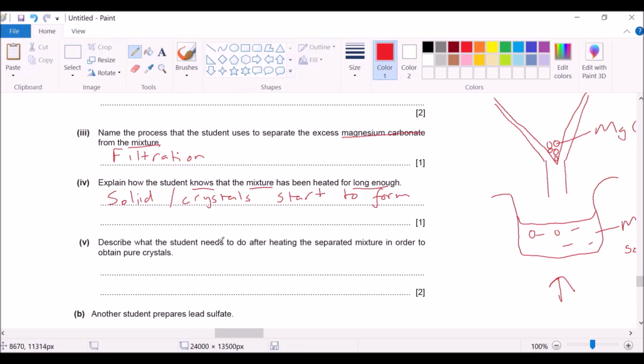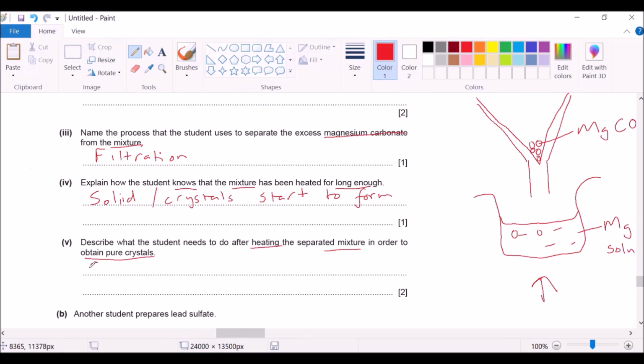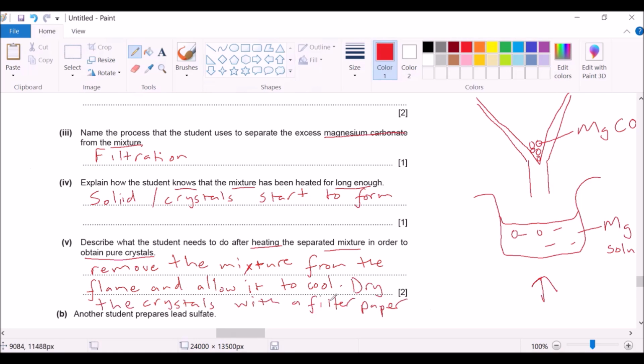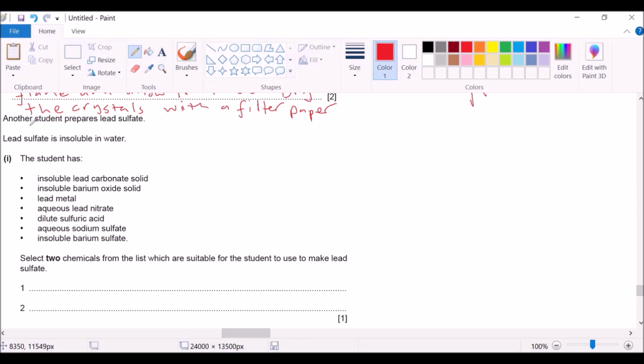Describe what the student needs to do after heating the separated mixture in order to obtain pure crystals. The student has to remove the mixture from the flame and allow it to cool. Then dry the crystals with a filter paper. Another student prepares lead sulfate.